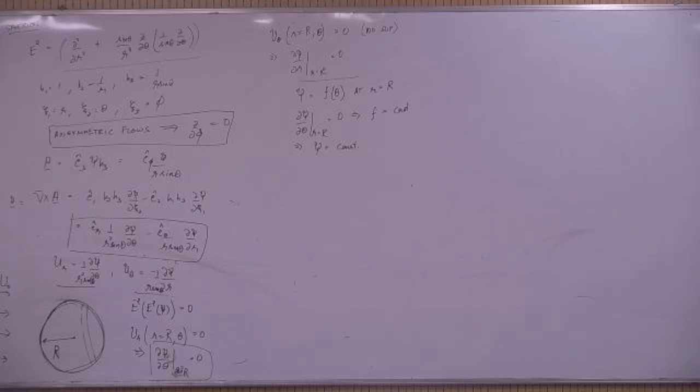So the absolute value of psi is of practically no relevance to us, just like the absolute value of pressure is of practically no relevance to us. Because in the Navier-Stokes equations, you never see pressure appearing, you have a gradient of pressure. So we can always add any constant value to pressure and still maintain the same flow.